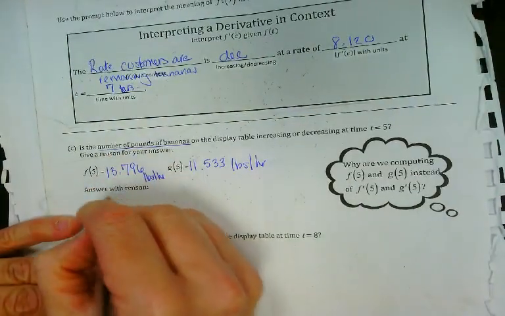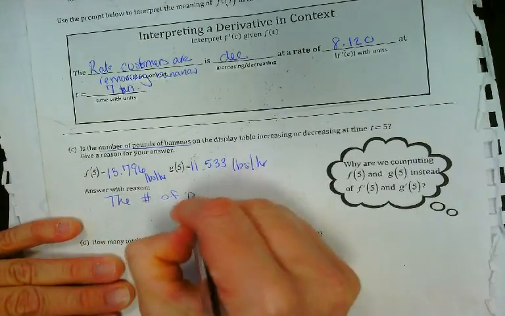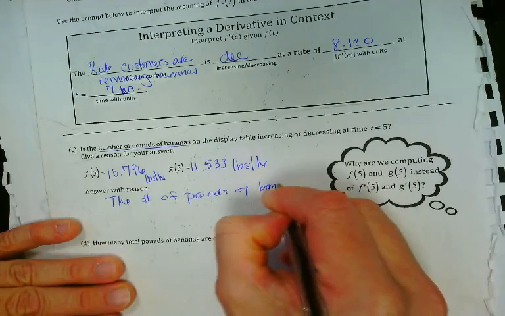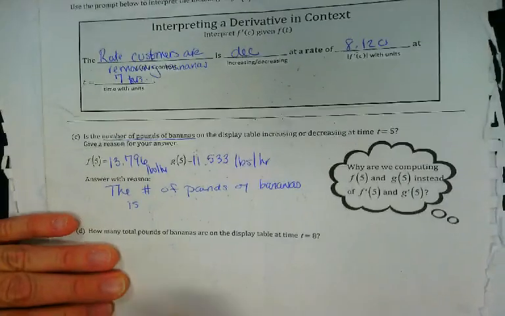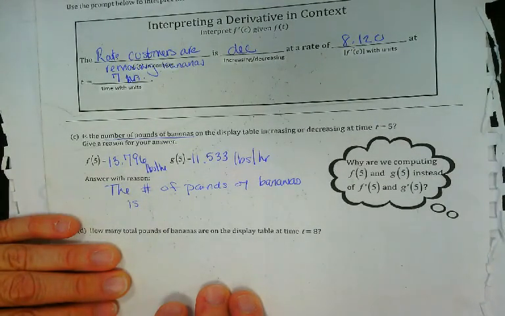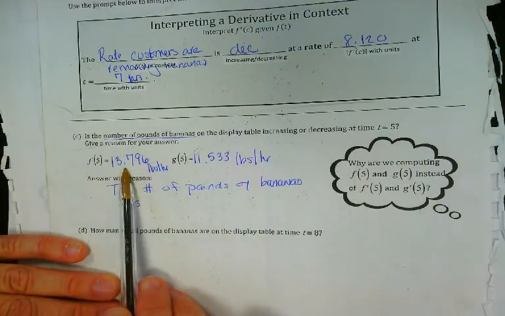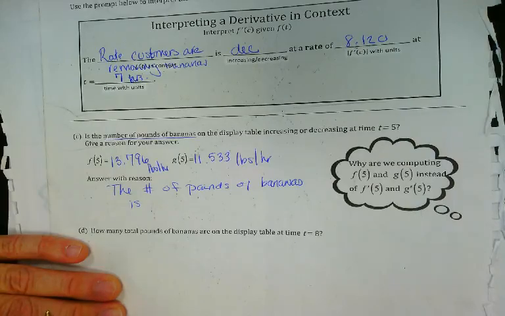So I can say the number of pounds of bananas, and again, I'm just using the context of the question, what I underline, the number of pounds of bananas. Would I say increasing or decreasing? Which one's greater? F or G?